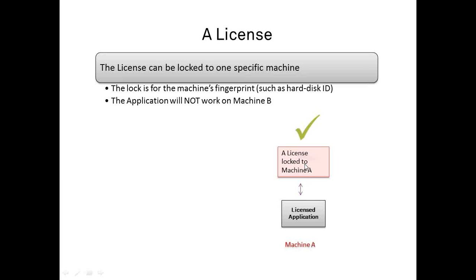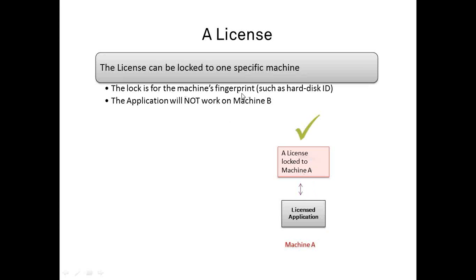How does this license know that it resides on machine A and not on any other machine? What is done in most of the cases, the lock is done using machine fingerprint.